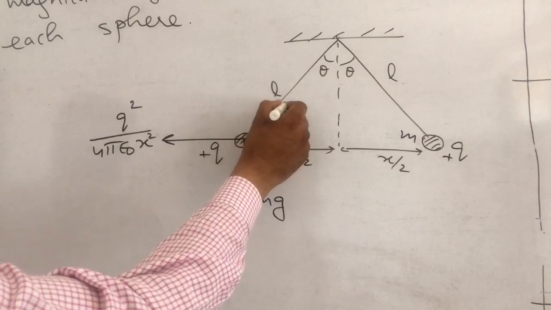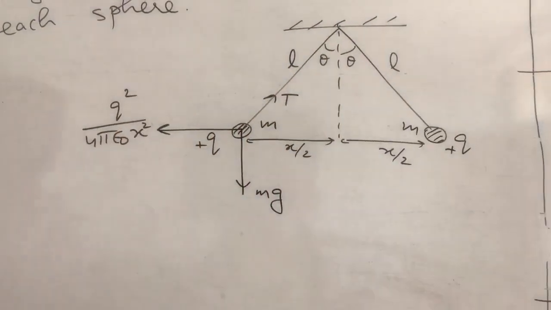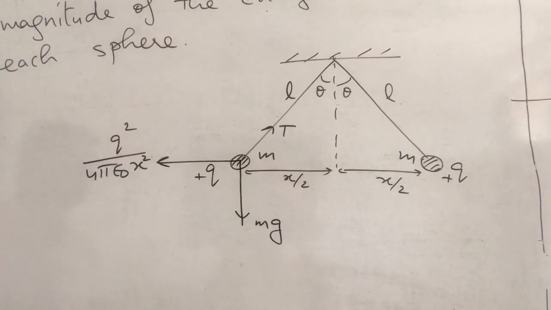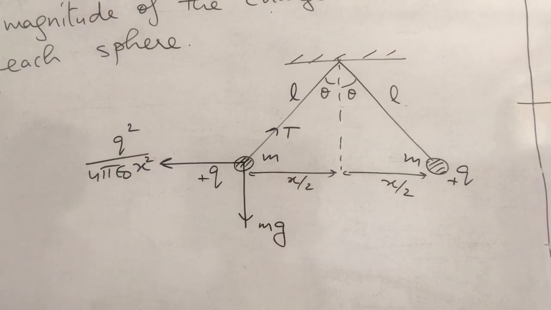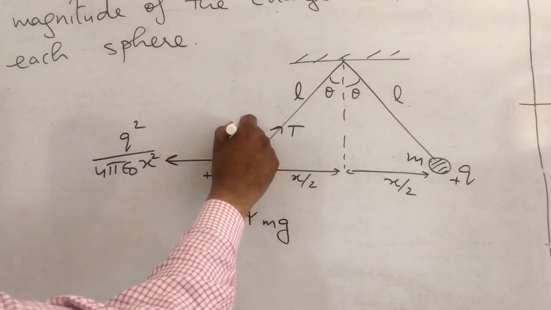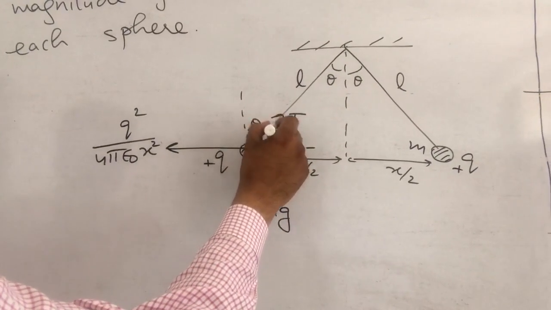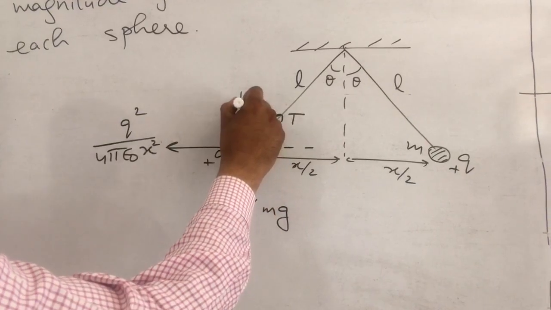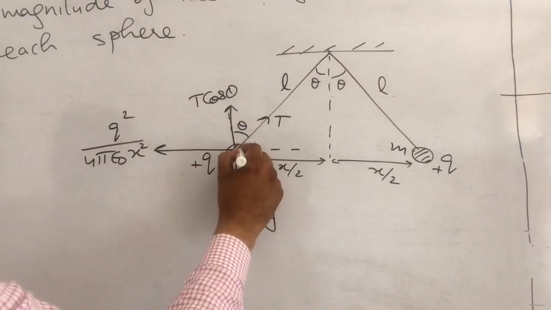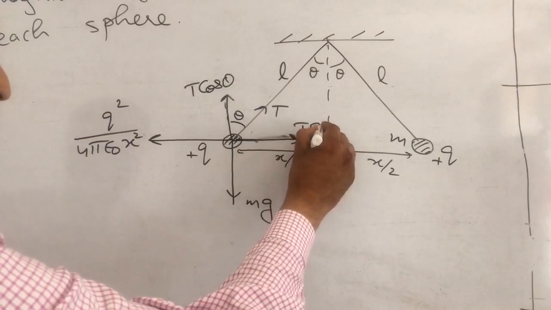Length of the string is L. Now this is a case of equilibrium, so I should resolve T into two components, T cos theta and T sin theta. This angle is theta, so this angle is also theta. So T in this direction is T cos theta, and T in this direction is T sin theta.